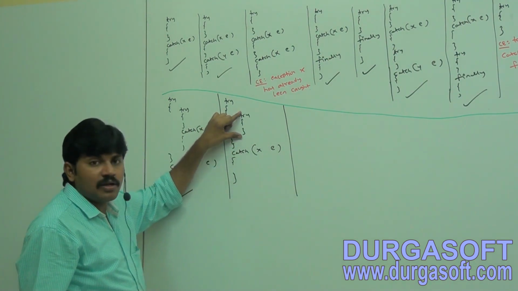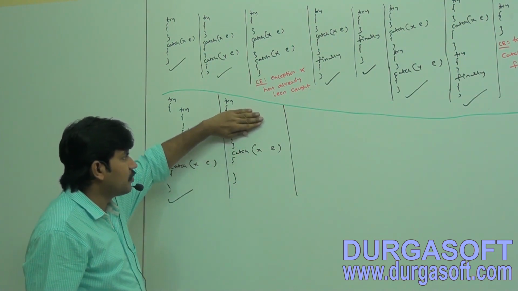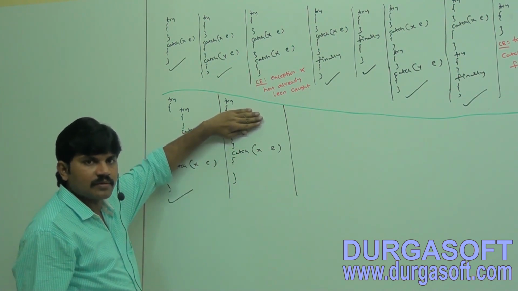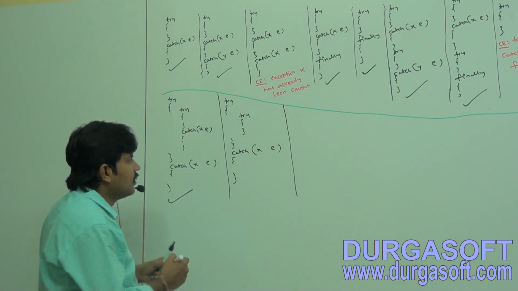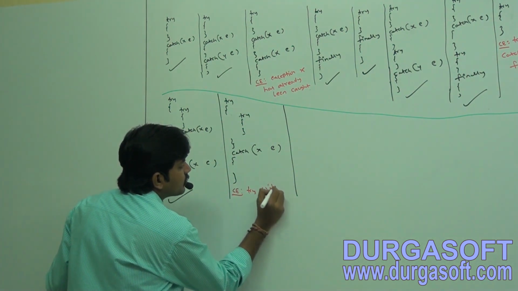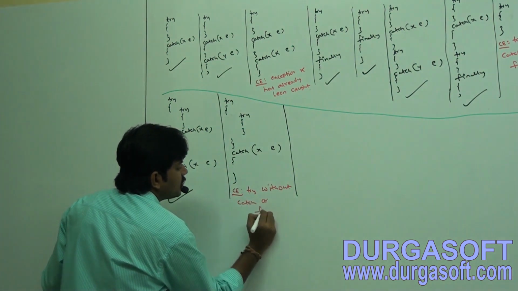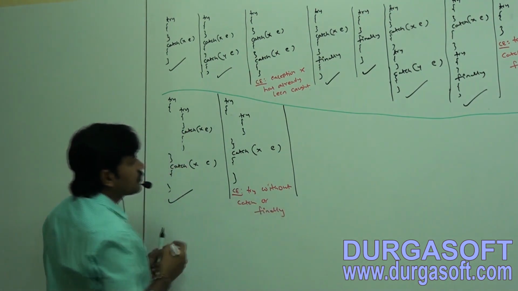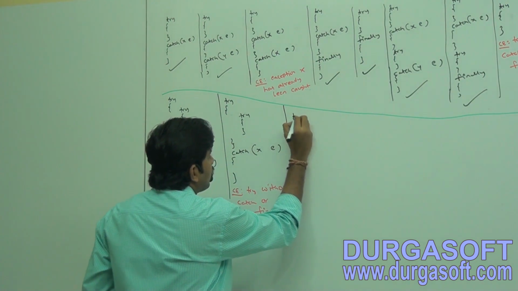Don't tell outer catch. If outer catch, then what is the need of taking this one? This one is invalid. So this try without having catch or finally gives a compile time error. What is that error? Can I spell out? Try without catch or finally.